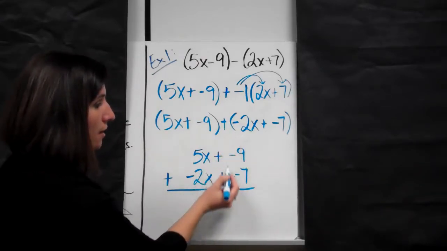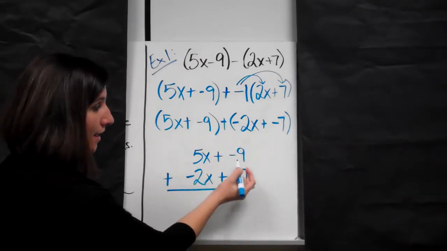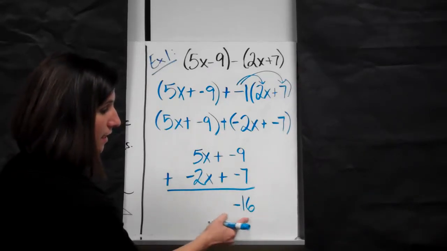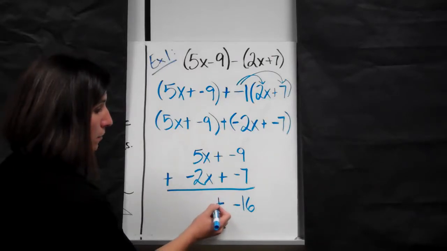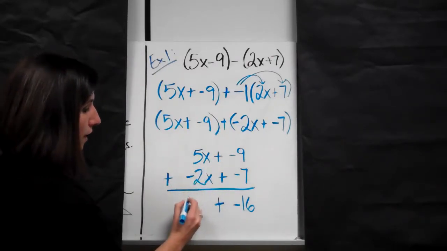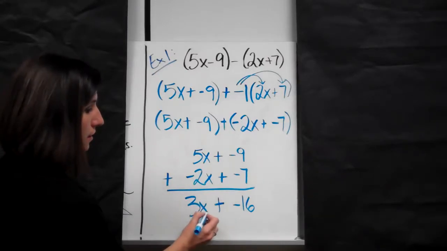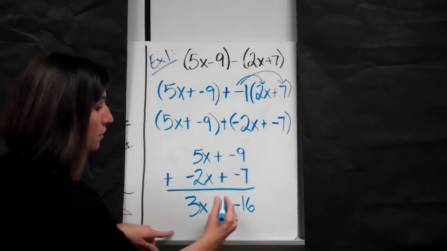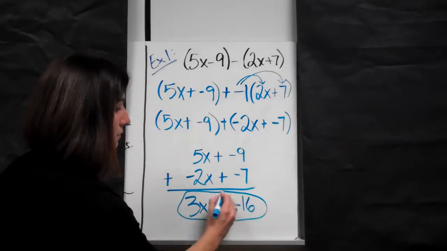So now I can look at my numbers and I can add negative 9 plus negative 7 to give me negative 16. And I'm going to be bringing down the addition sign. And now I have 5x plus negative 2x, which gives me 3x. Now remember, I cannot combine these because they are not like terms. So this is my answer.